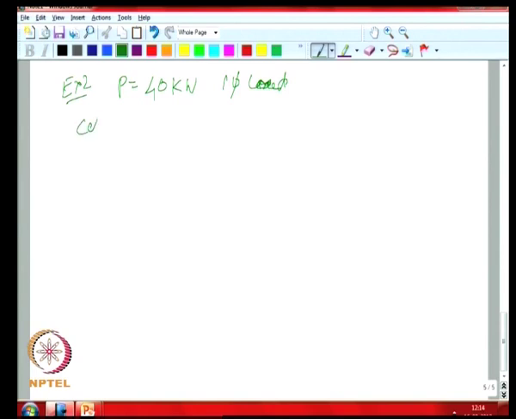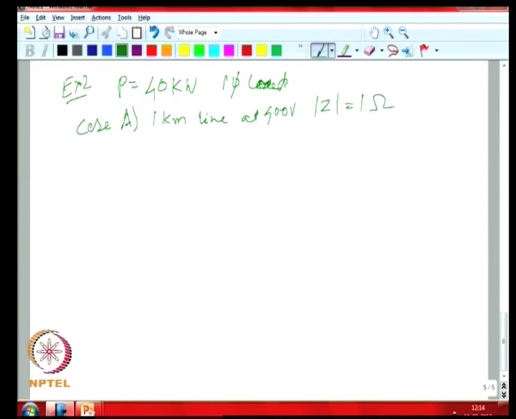So, case A: you have a 1 kilometer overhead line at 400 volts, and the impedance of the line is say 1 ohm.